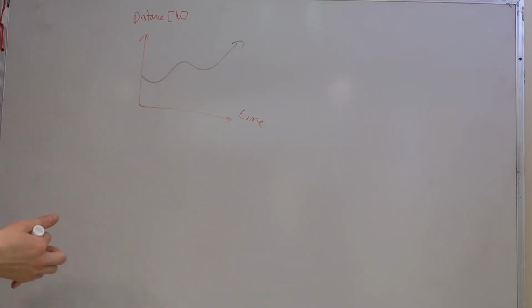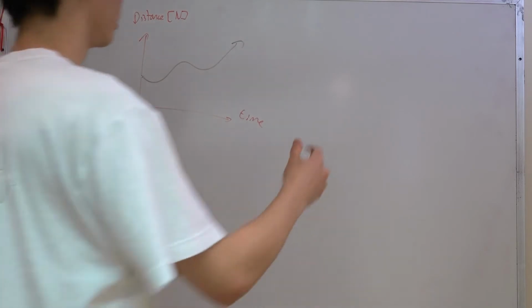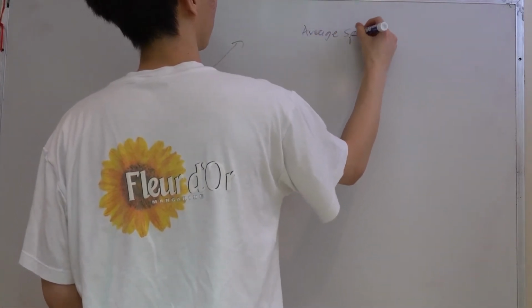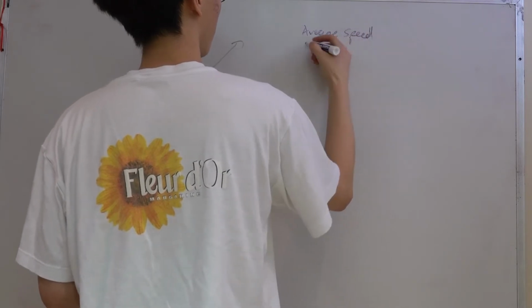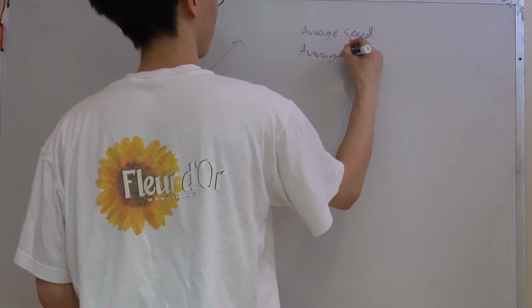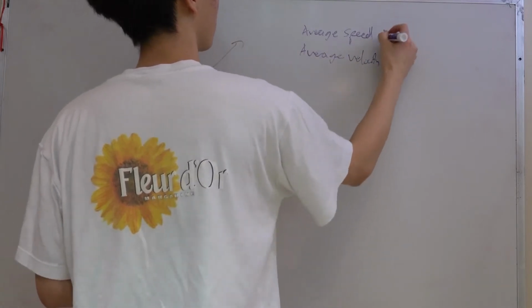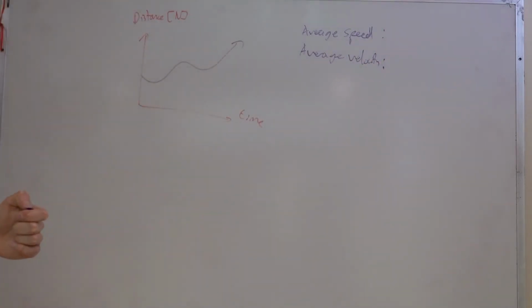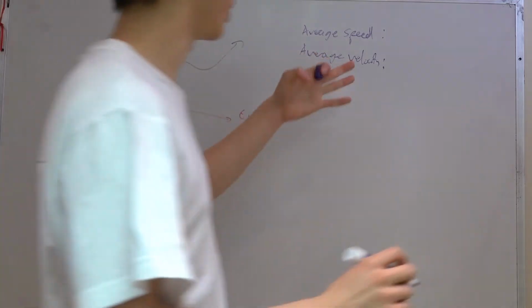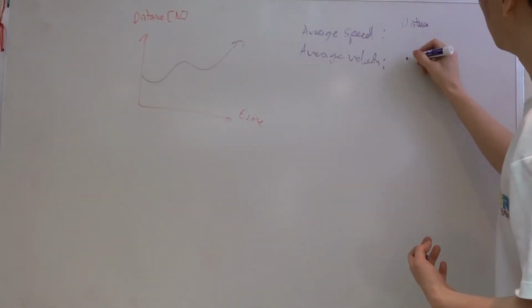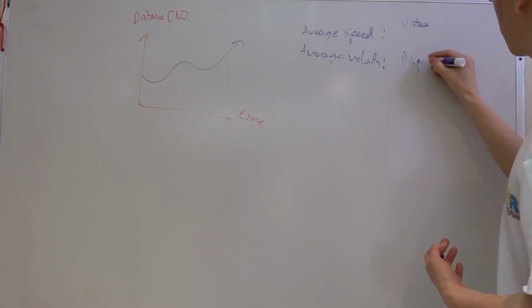So what are the two concepts I want to get out of here? I want average speed and average velocity. To calculate these, we need the following. For average speed, we need distance. And for average velocity, we need displacement.